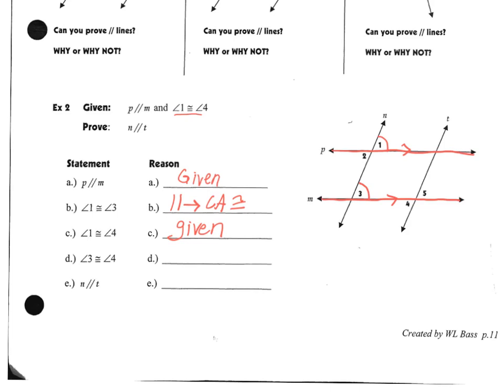If we then look at this statement here and this statement here, you can see that if we take the angle 1 from those, we are left with angle 3 is congruent to angle 4, and that would be transitive.